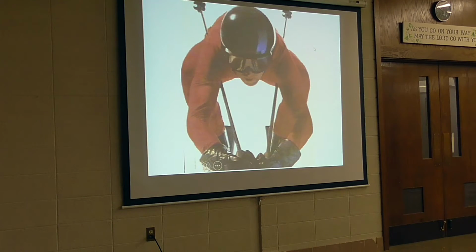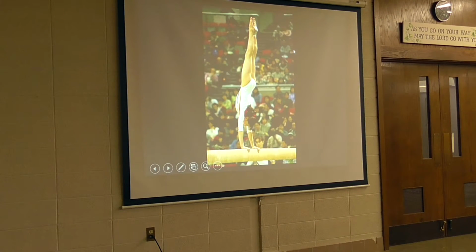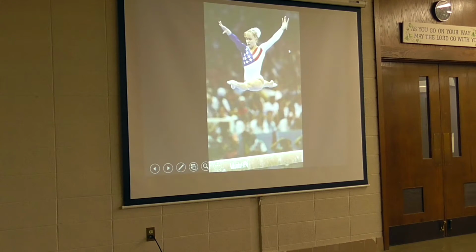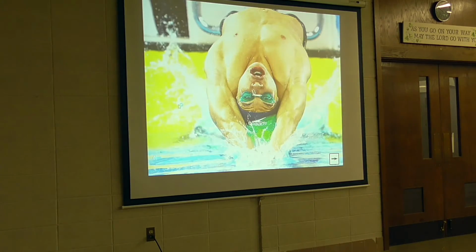Or the skier. Or the swimmer. Talk about balance. Wow. And of course, if you're a diver, you go in the water as symmetrical as you can, you're going to reduce the splash, which is a big part of getting high grades.